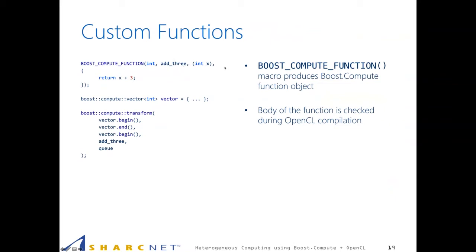And this one is actually the input argument that you can add something to, or do something to, and then return. Later, when you want to call compute transform, you need to specify the name of the function, which is add3 here, as an argument.